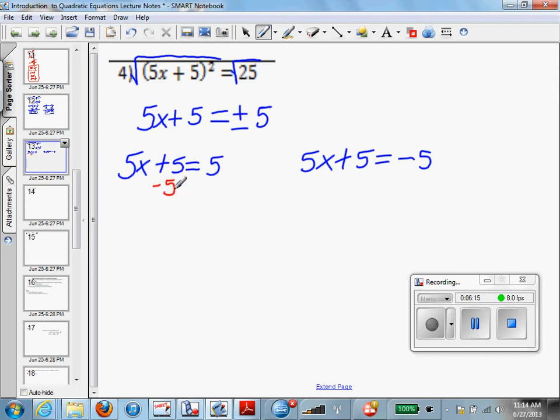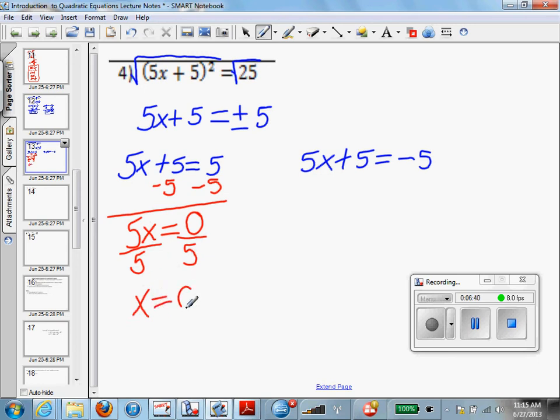So there's a positive 5 here, so let's subtract 5 on both sides of the problem. So we have 5x equals 5 minus 5, or 0. Now to get x by itself, as you see, 5 is being multiplied by x, keeping it there. So do the inverse operation of division on both sides by 5 to get x away. So we have x is equal to 0 over 5, or just x is equal to 0.